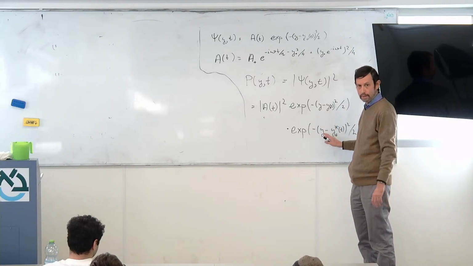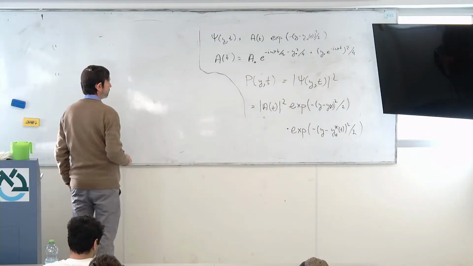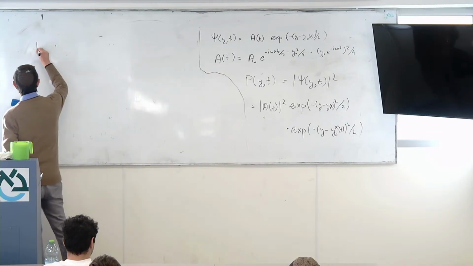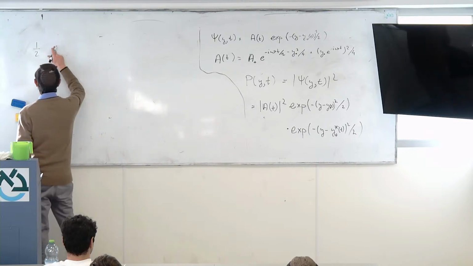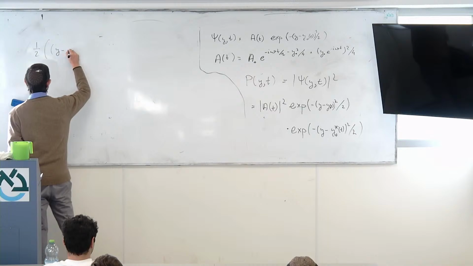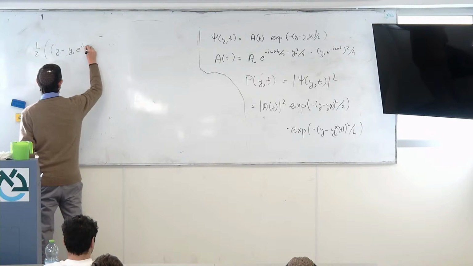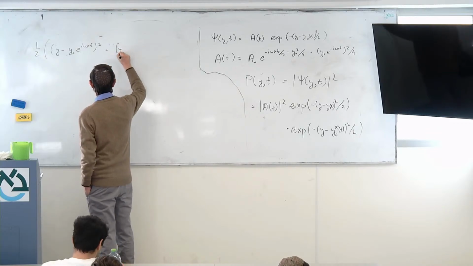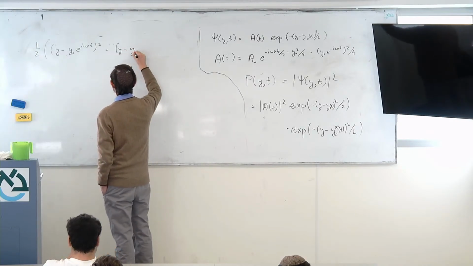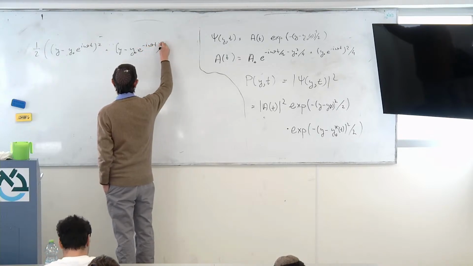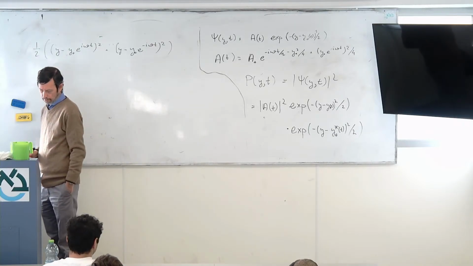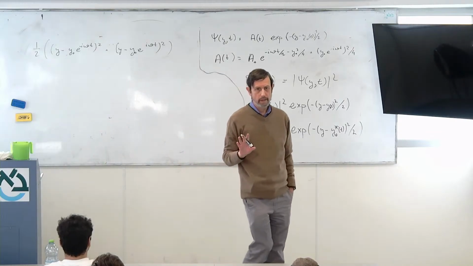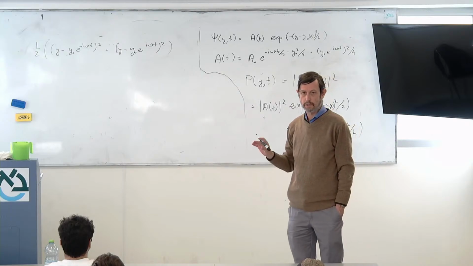Let's write down only these parts. So I have here, okay, I wrote it down. The dependence in the Gaussian explicit.